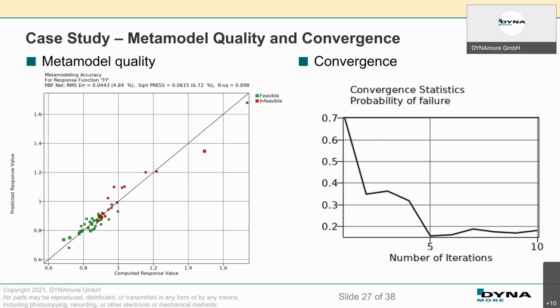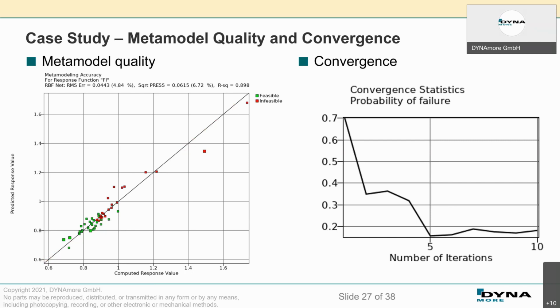What you see here in the plot is the computed value against the predicted response values. Computed means values extracted directly from the simulation runs, and predicted values are the same values for the same parameter combinations, but evaluated on the metamodel. And the closer the points are to the black line you see here, the better is the quality of the metamodel with respect to the points we use to calculate the metamodel.